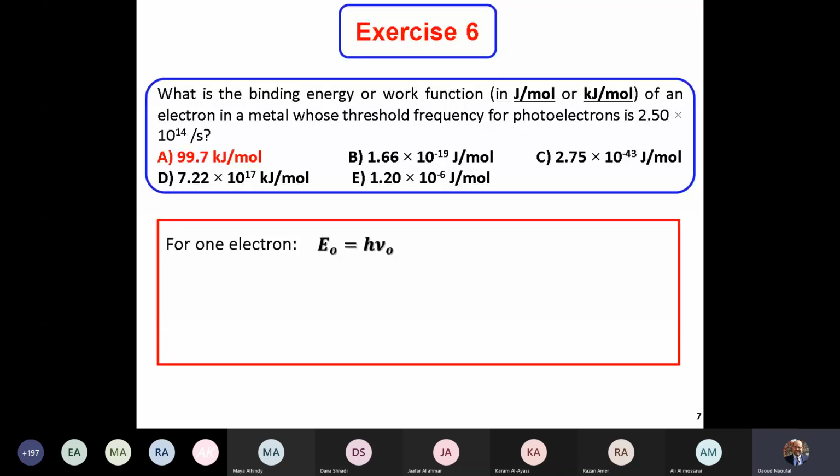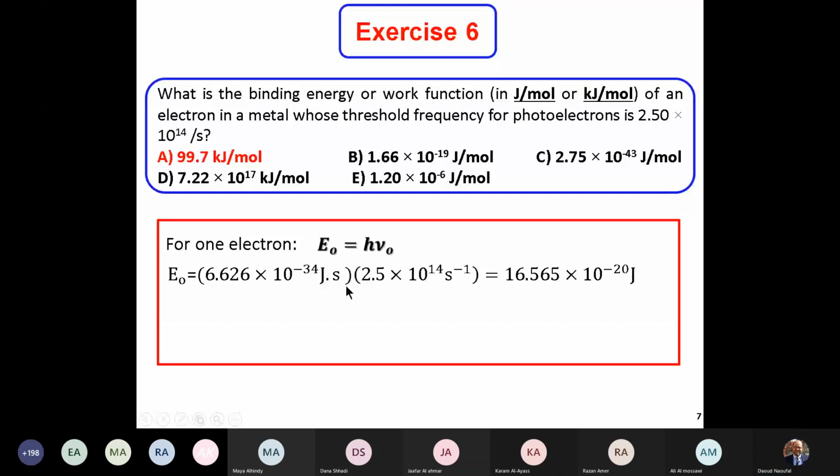So for one electron, which is at the microscopic scale, the binding energy E0 is equal to h nu0. So E0 equals 6.62 × 10^-34, and we put nu0 by its value, so we obtain E0 per 1 electron.